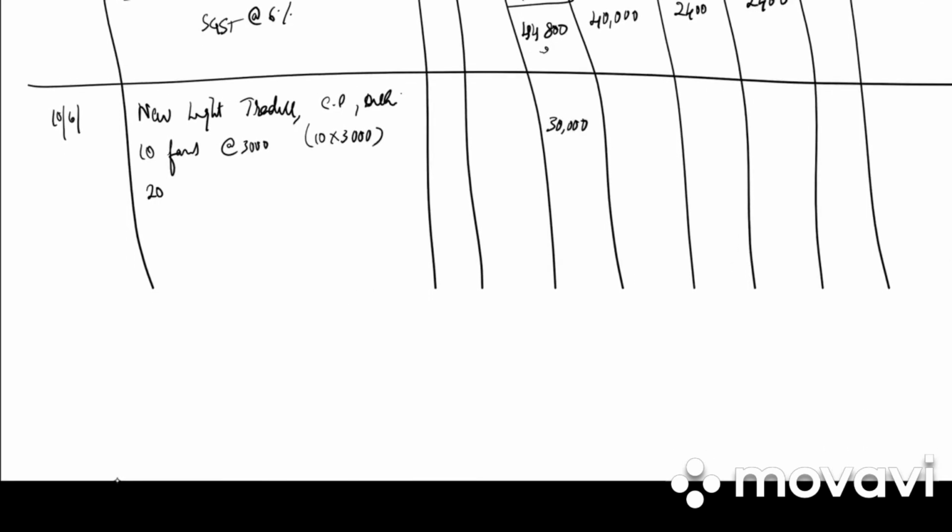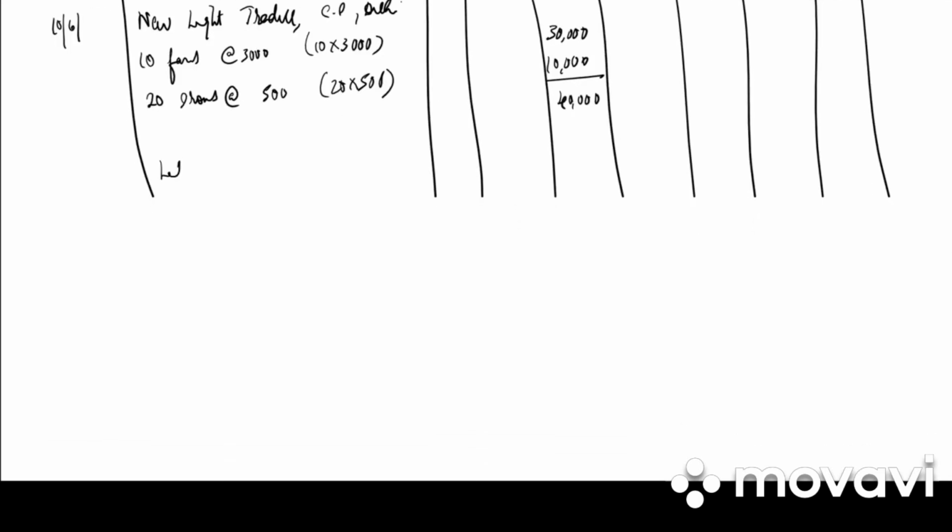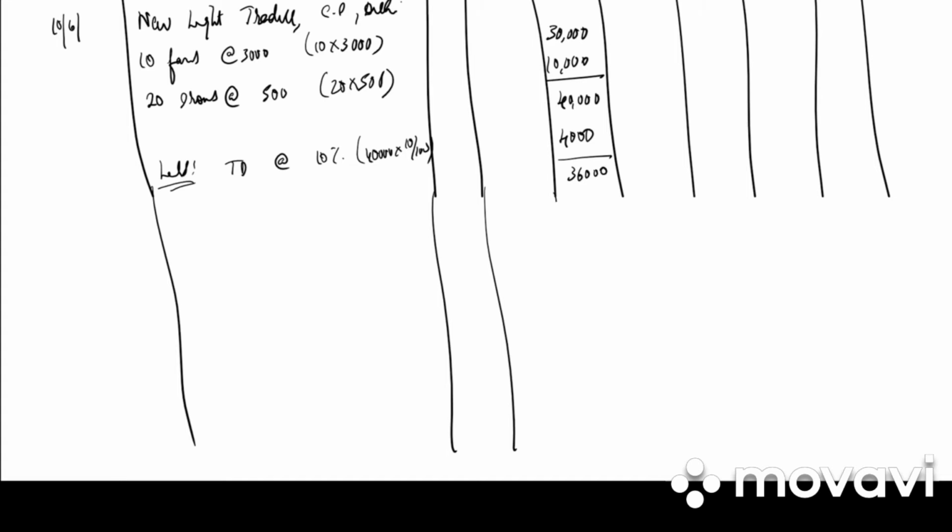Then we have 20 irons at 500. So 20 into 500 is 10,000. Total is 40,000. We have a trade discount at 10%. So 40,000 into 10 by 100. How much do we get? 4,000. So what is the total now? 36,000.